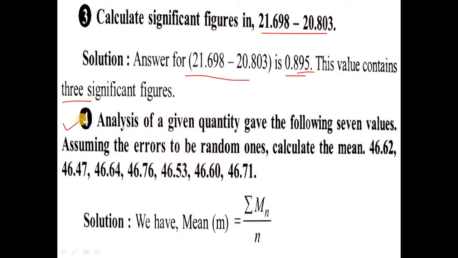And the fourth problem: analysis of a given quantity gave the following 7 values. Assuming the errors to be random ones, calculate the mean. So the problem is regarding the mean. First value 46.62, second 46.47, 46.64, 46.76, 46.53, 46.60 and 46.71. Then the mean, we know, is equal to the summation of all the values divided by the number of observations.